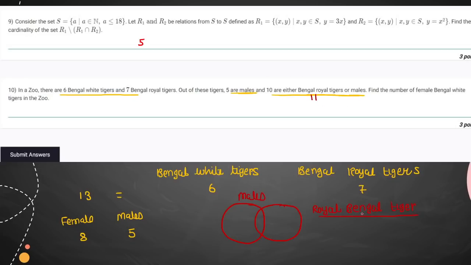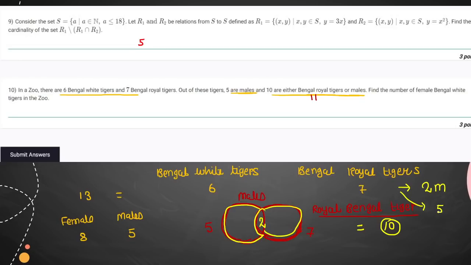Bengal royal tigers are 7 and males are 5, but this states that these two together give 10, so there are 2 tigers in common here. So there are 2 male tigers in the Royal Bengal tigers, which means 2 are male and 5 are female.